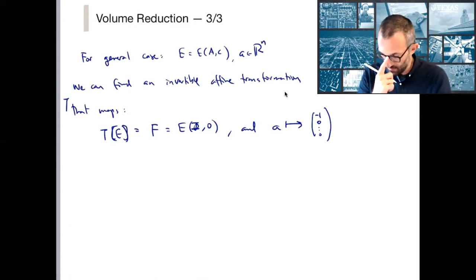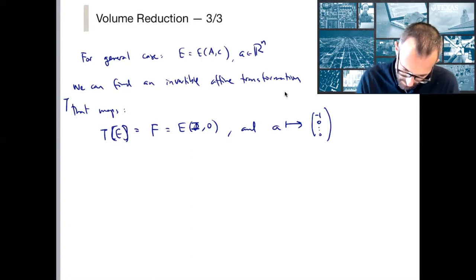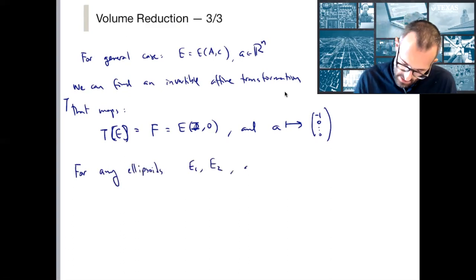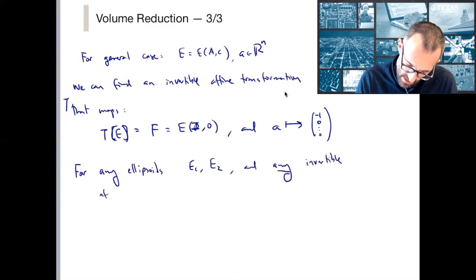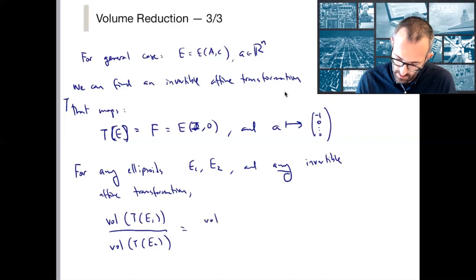So now the key is that for any two ellipsoids, E1 and E2, obviously in the same space, and any invertible affine transformation, the volume of T of E1 divided by the volume of T of E2 is exactly equal to the volume of E1 divided by the volume of E2.